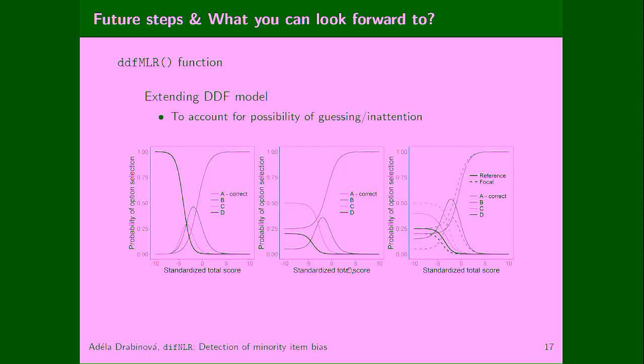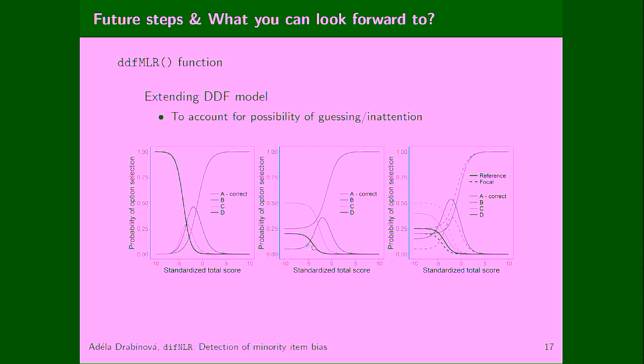And in the ddfNLR function, we would like to apply a similar approach as in DIF to be able to model something like attractiveness of distractors, because when you use multinomial regression, the situation is that one distractor goes to the probability of 1, and other distractors go to probability of 0, which is not really natural, and you want to show some attractiveness of it.